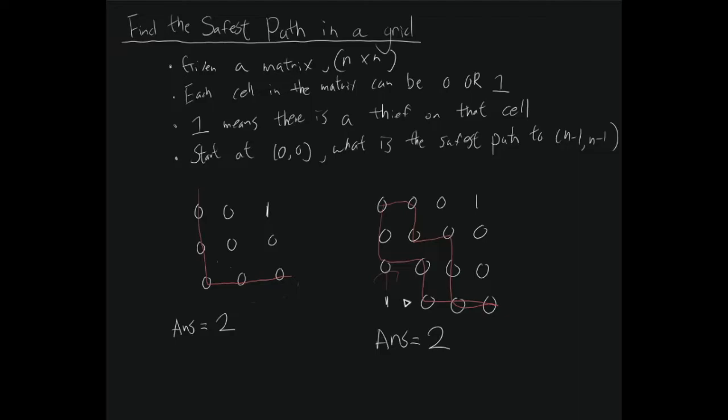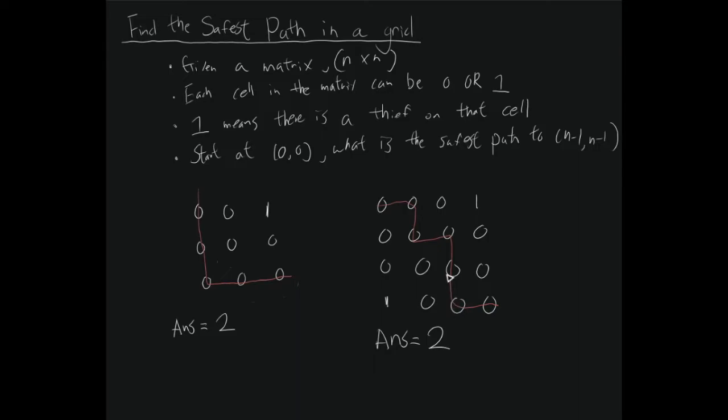So the answer will become 1. But there is an optimal path here, using this path. Then we can go all the way from 0, 0 to n-1, n-1 with the safety number as 2. So what we want to return is the maximum safety number possible. That's basically all for the problem description.